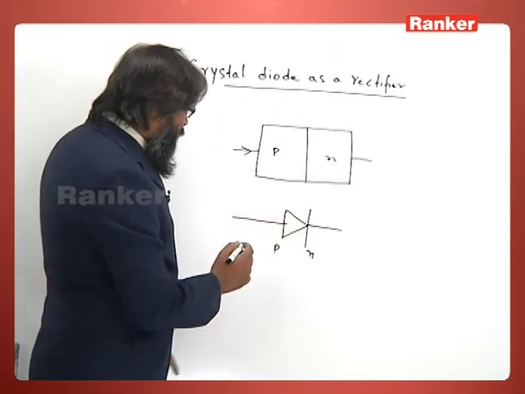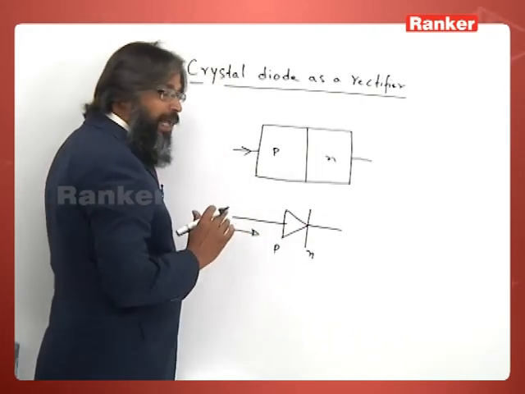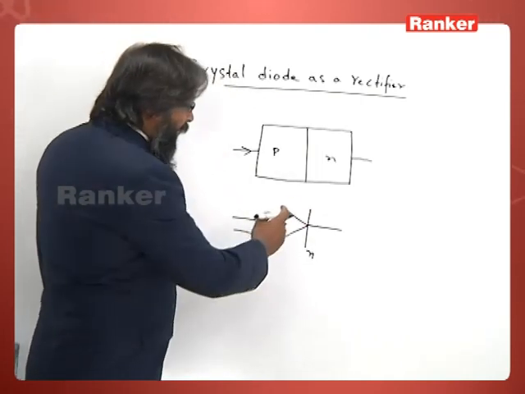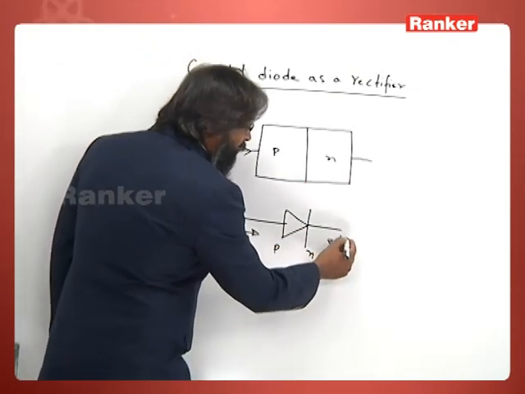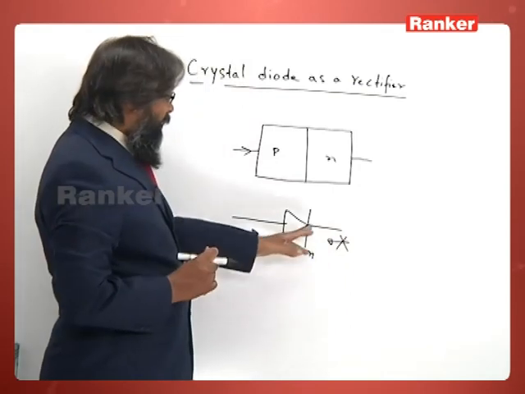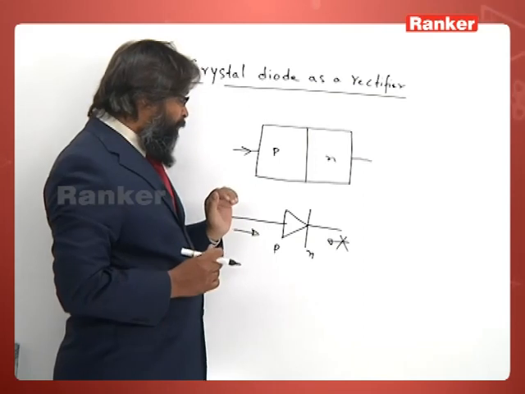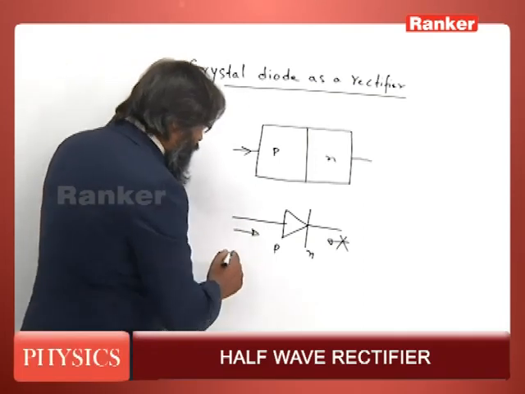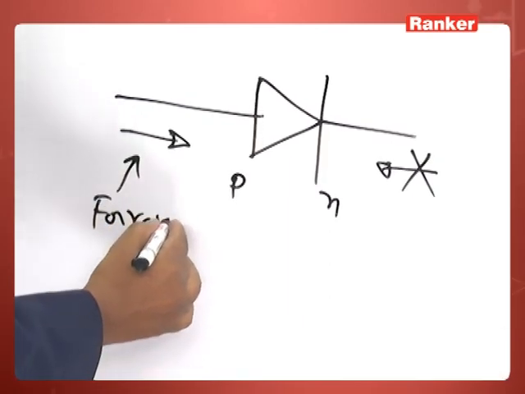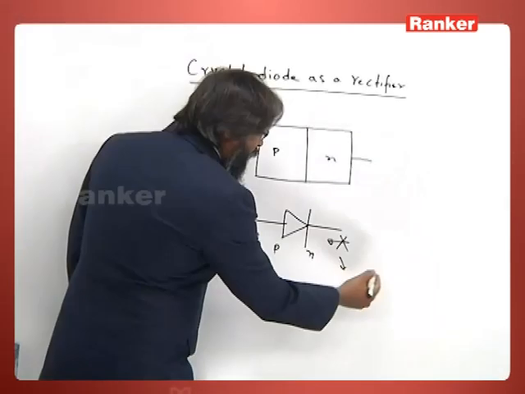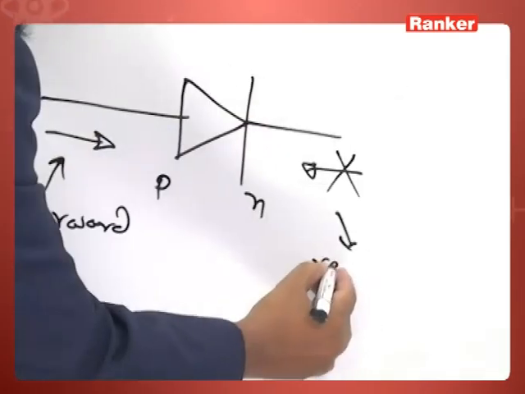The arrow tells that if you give current in this direction, it will allow the current to propagate, and this line tells that if you try to give current in this direction, then that current will be stopped. The PN junction will not allow the current to flow in this direction, because in the arrow direction it will be forward biased, and in the other direction the junction becomes reverse biased.